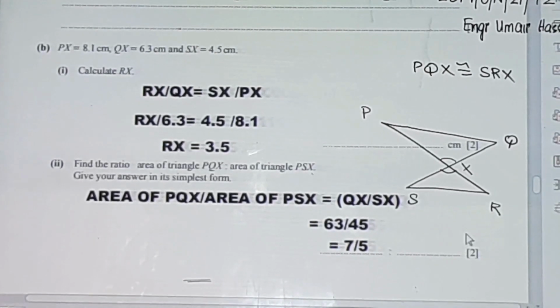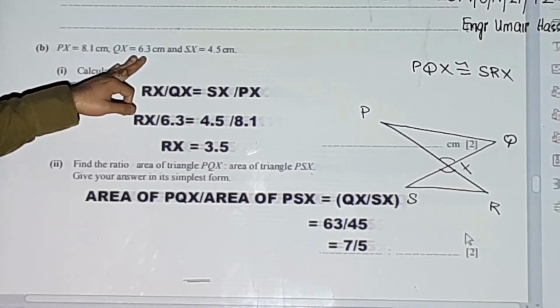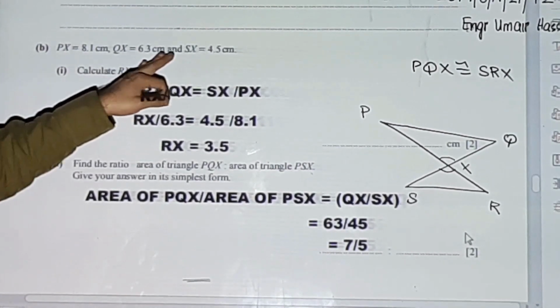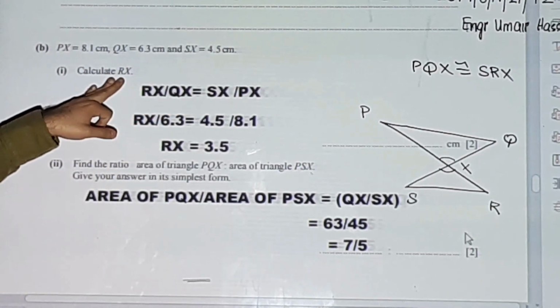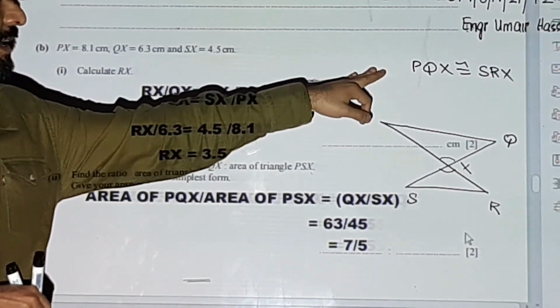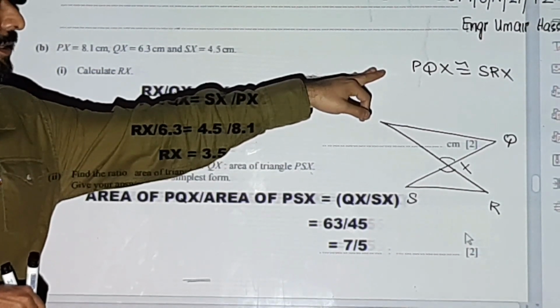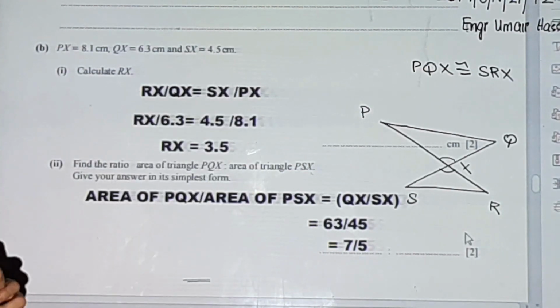In part B, they have given us PX 8.1 centimeter, QX equals 6.3 centimeter, SX equal to 4.5 centimeter, and they have asked us to find RX. Now because PQX and SRX are similar, the ratio of corresponding sides must be the same.